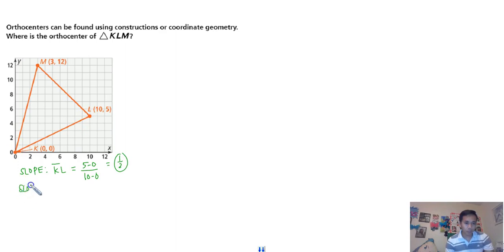And then we also have to solve for maybe the slope of LM. We only need two sides of the triangle. So LM is equal to (12 minus 5) over (3 minus 10), which will give us -1. So those are the slopes.